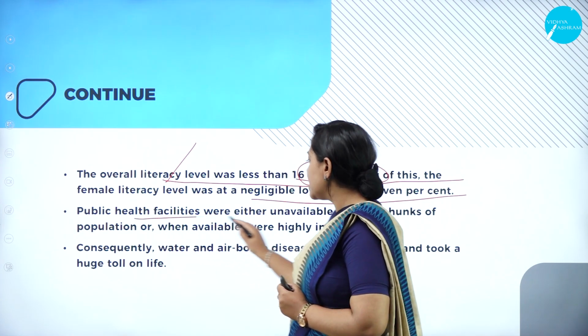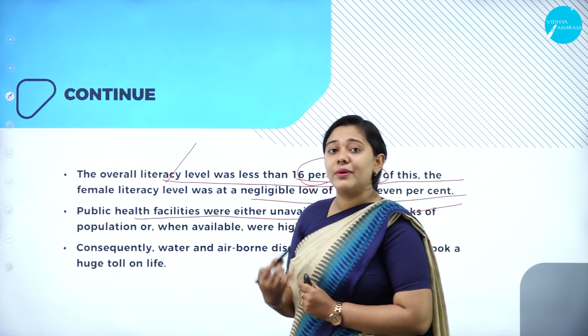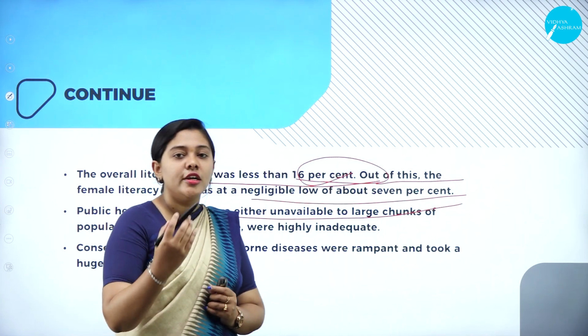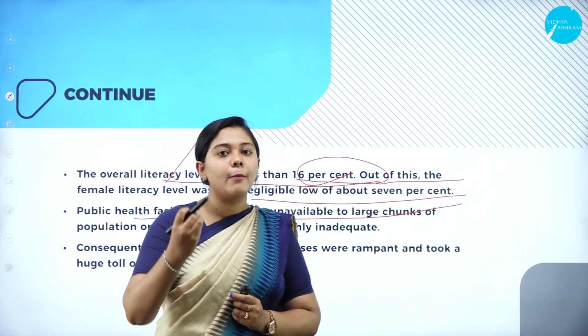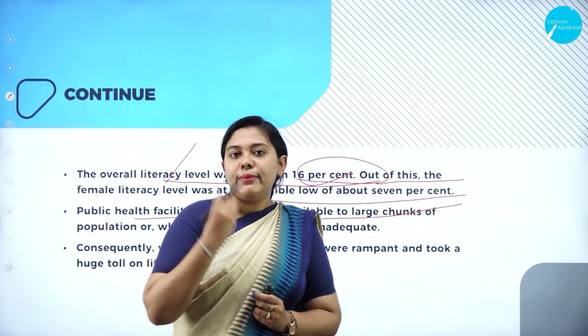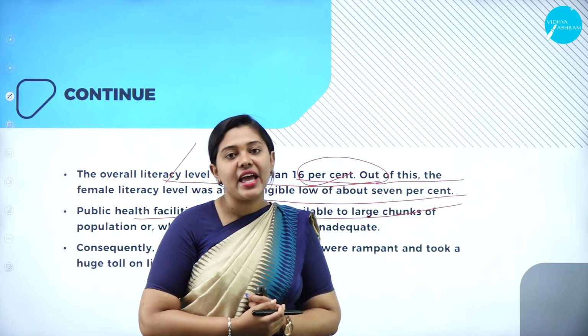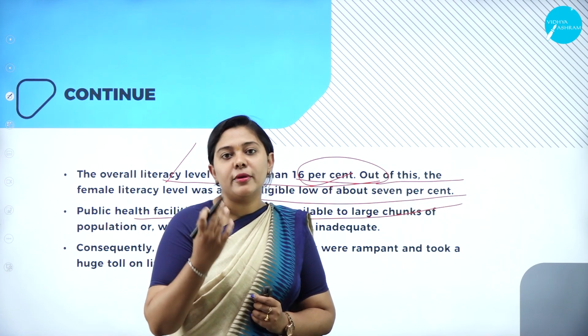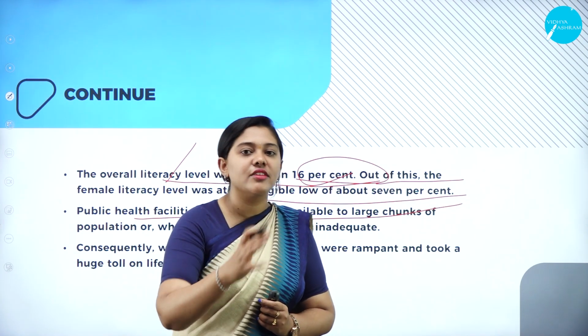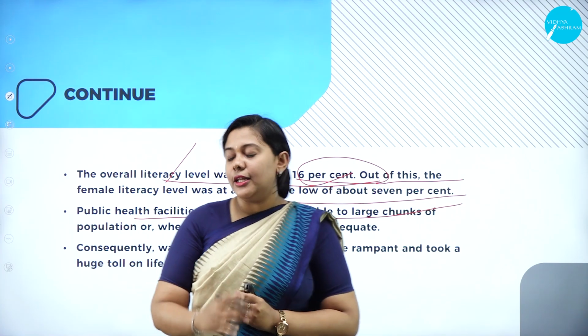Public health facilities were unavailable. Today, if we go area to area, you can see people come and check BP, sugar and basic healthcare facilities, very much free, given by our government. But during the colonial period, even the basic facilities were nil.